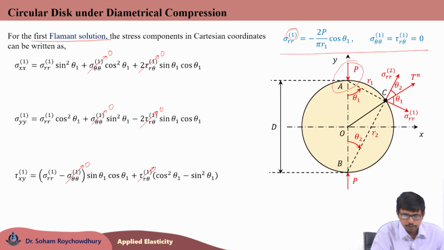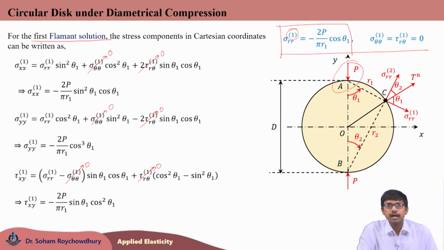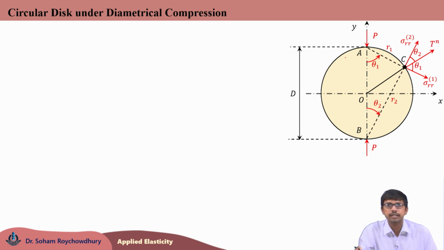So, neglecting those terms and substituting sigma rr1 as minus 2P by pi r1 cos theta 1, we would be getting sigma xx as minus 2P by pi r1 sin square theta 1 cos theta 1, sigma yy as minus 2P by pi r1 cos cube theta 1, and tau xy equals minus 2P by pi r1 sin theta 1 cos square theta 1. So, this is the solution for the first state of stress, the first Flamant solution, in the rectangular Cartesian coordinate system.